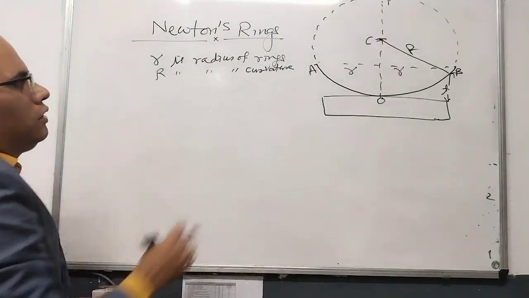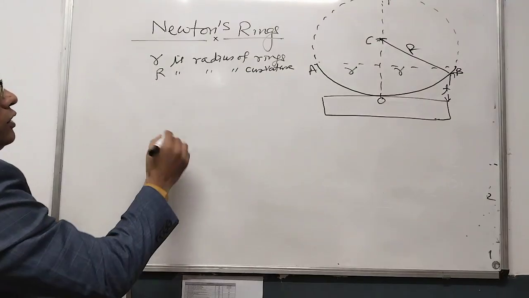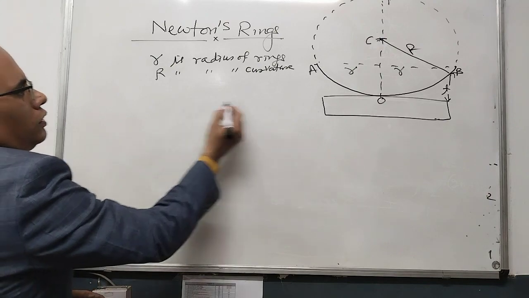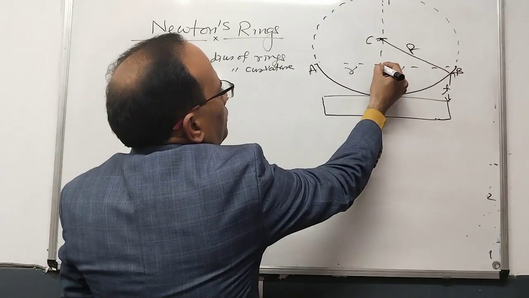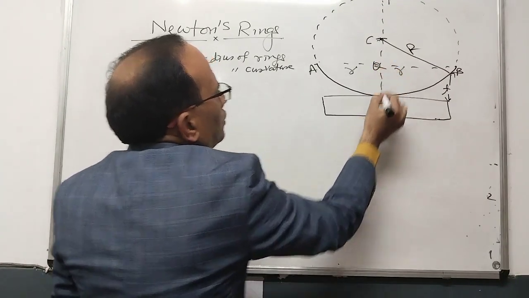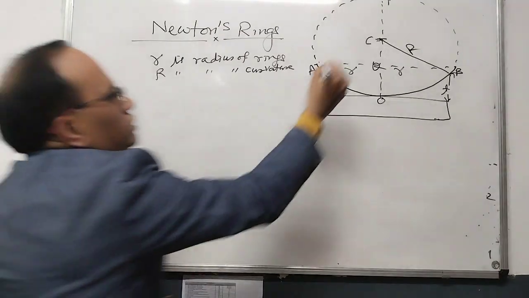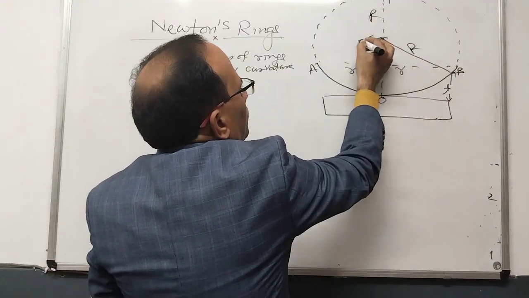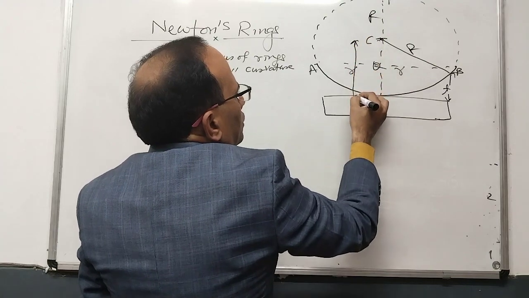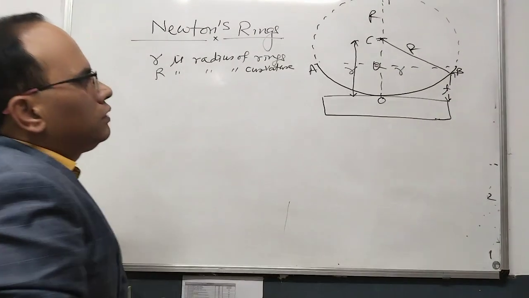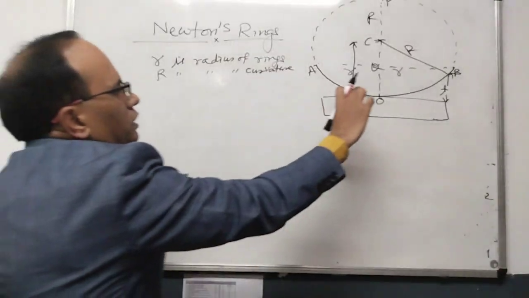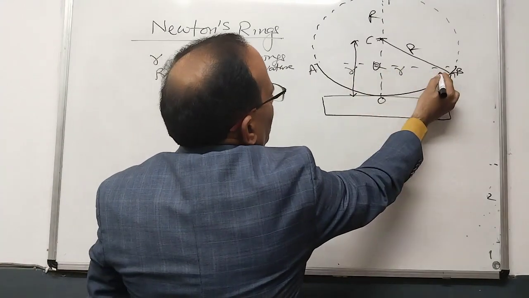Capital R is the radius of curvature of the lens. There is a property of circle: suppose this is any point, let us say point Q. This is R, and this is capital T, this is small t.